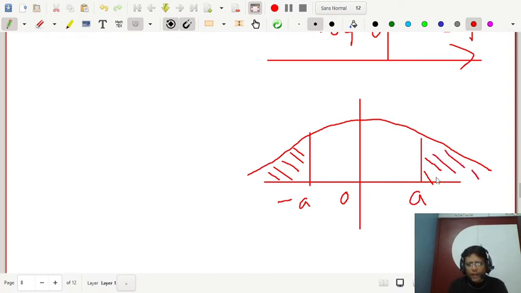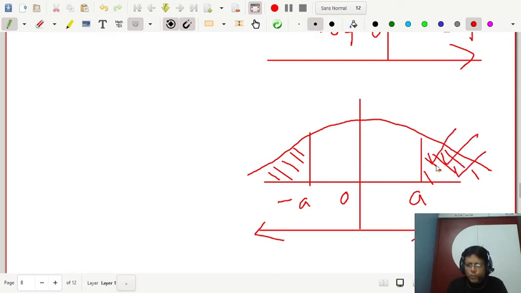So how will you calculate this region? Total probability is 1, and if you subtract minus infinity to a from 1, you will get this dotted portion.